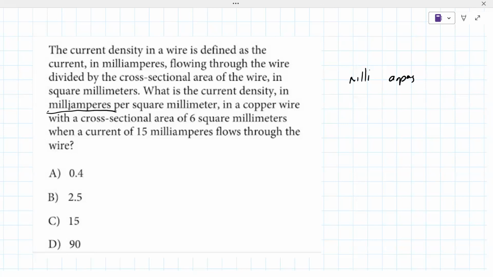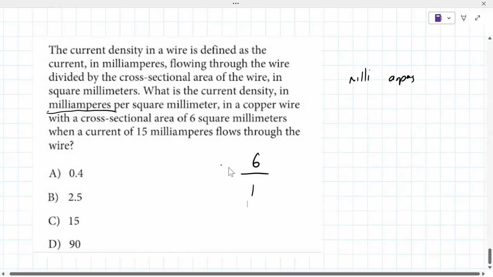A. How did you come up with A? I did 6/15. Okay, so it says the formula is the current divided by, and so you're right, 6 is the current divided by the cross sectional area, which is, I'm sorry, that is reversed.